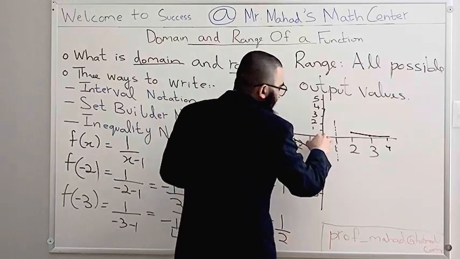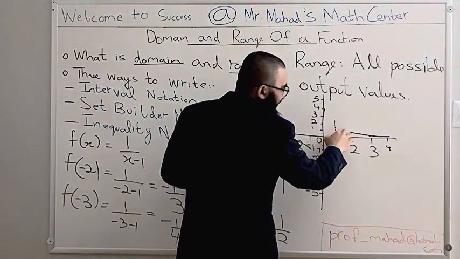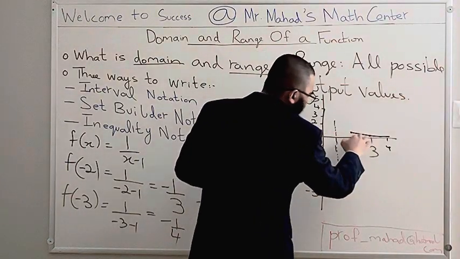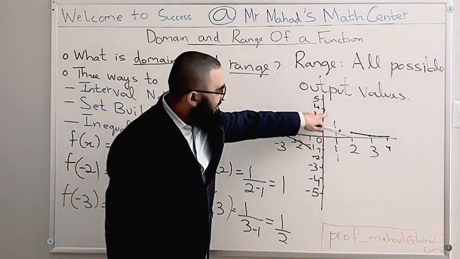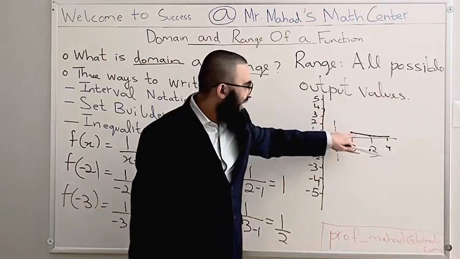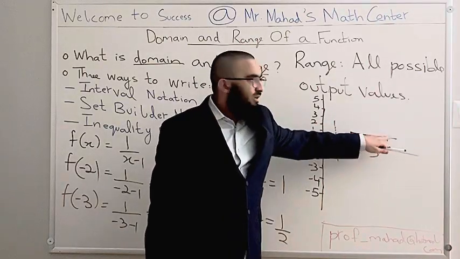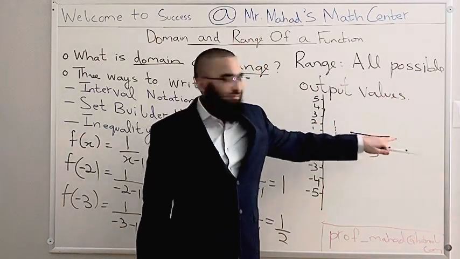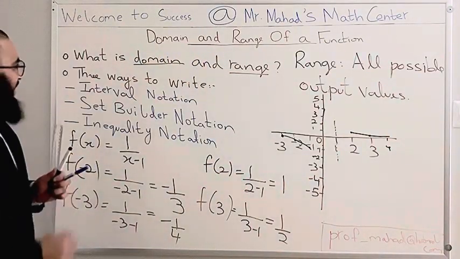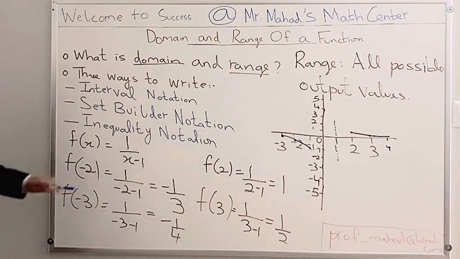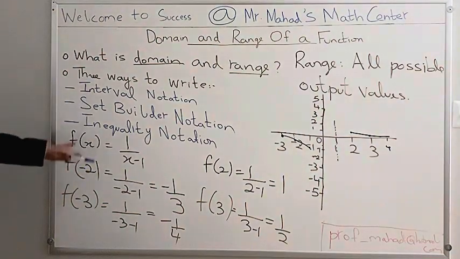And then it's going to go above 0, and again as we are increasing with the positive values, it's going to approach 0, right? So let me write down the domain and range, and let me erase this part, because now we have a graph.